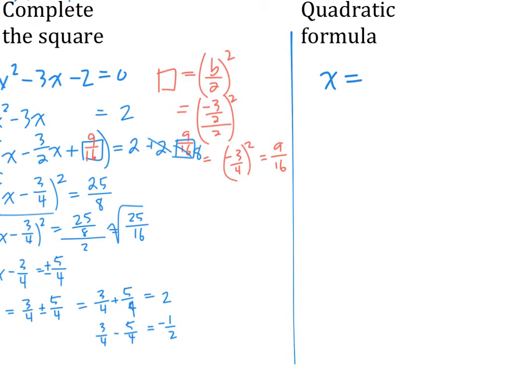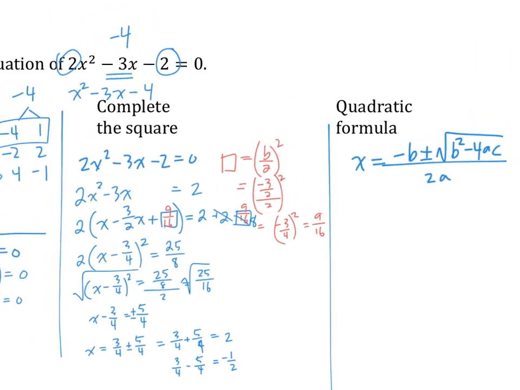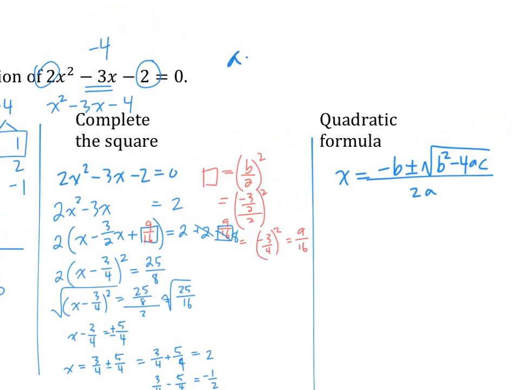So x is equal to what? -b plus or minus square root b squared minus 4ac all over 2a. Good. Why don't you say all over 2a. So which part is ABC? A in this case is what? 2, and then B is -3, and then C is -2.